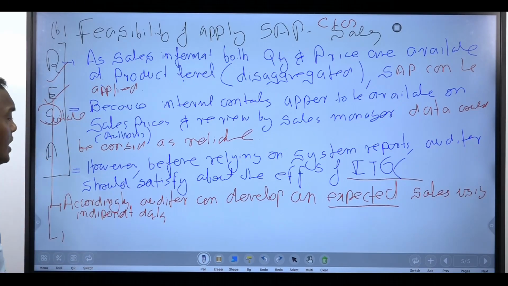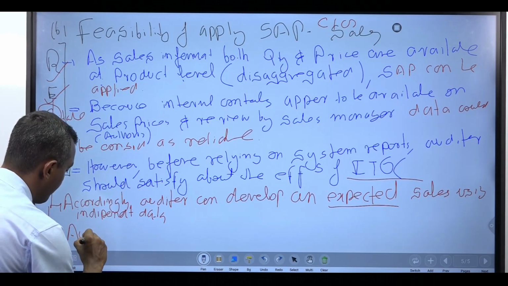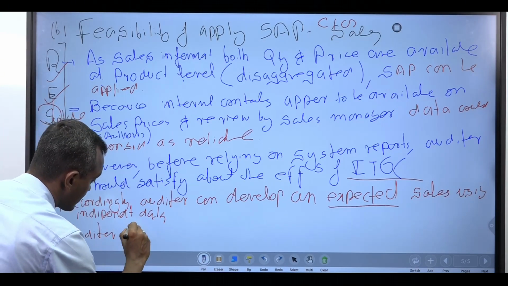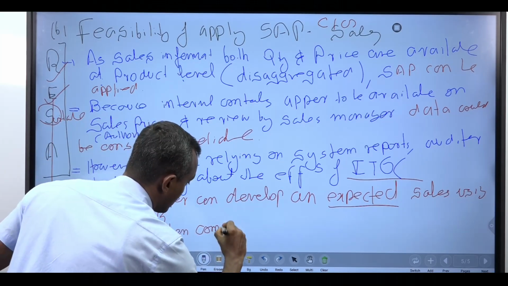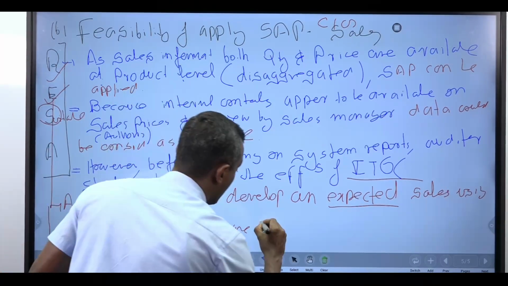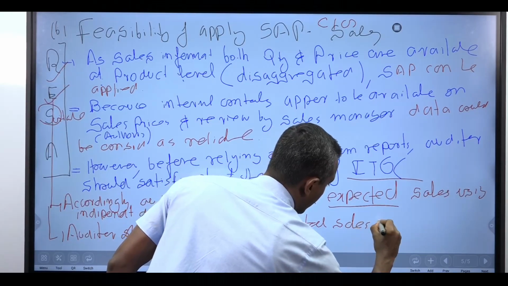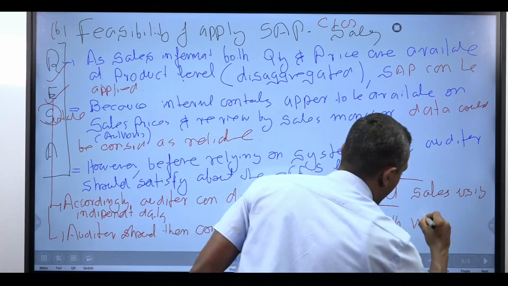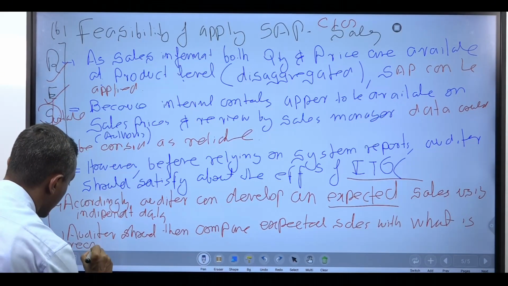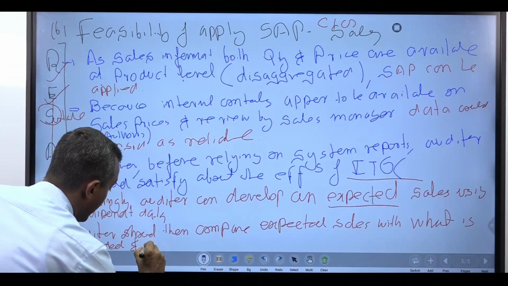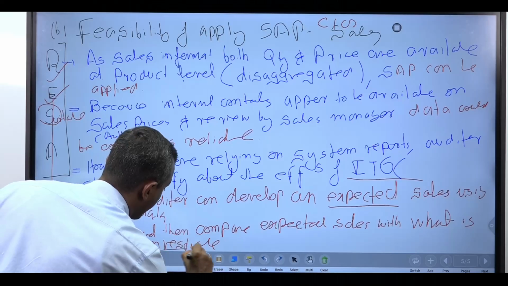But another important thing, after you calculate the expectation, you have to compare. The auditor should then compare expected sales with what is recorded and investigate. That word is critical. Compare with what is recorded and investigate the difference.